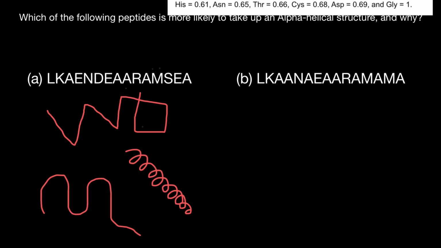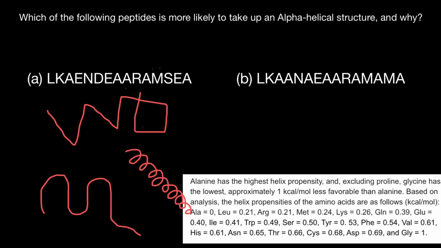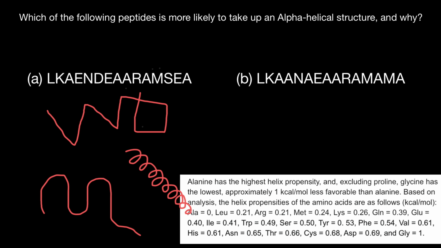Scientists have already found statistical data which we need in order to do such calculations. For example, alanine has the highest helix propensity, and excluding proline, which we usually never find in the middle of the alpha helix, glycine has the lowest, approximately 1 kilocalorie a mole less favorable than alanine. So alanine would be 0 in our table and glycine would be 1.